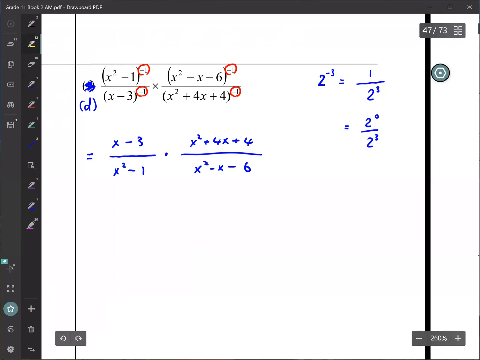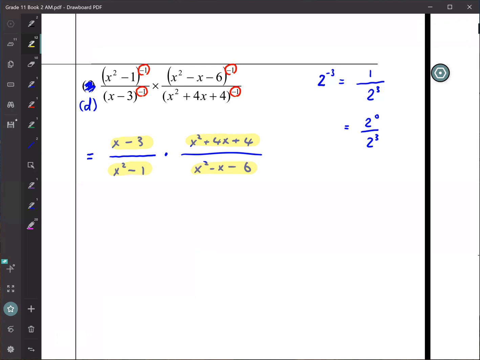Remember the restriction is for the denominator. So the denominator will be these two, but the numerator used to be the denominator as well, because of flipping. So for this specific question, you need to look at all 4 parts because all 4 parts have been the denominator before.